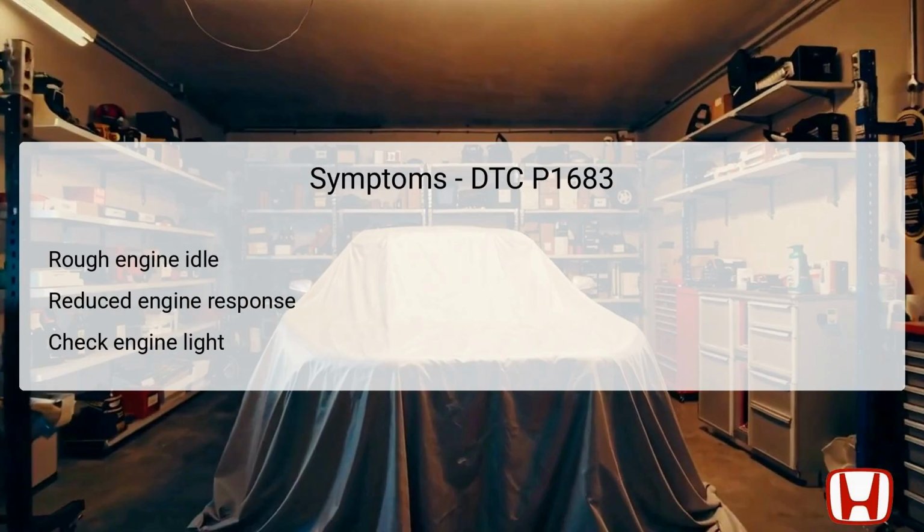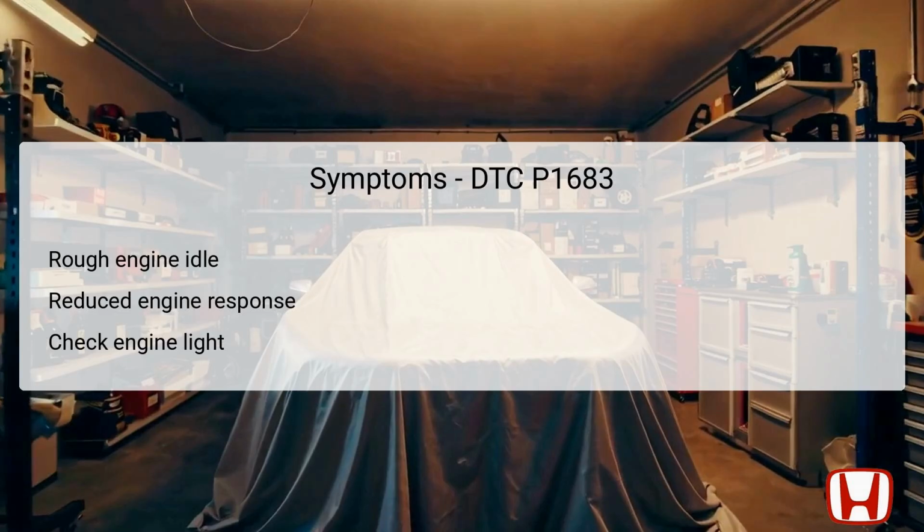The symptoms associated with DTC P1683 may manifest in various ways, signaling that the throttle valve default position spring is malfunctioning. One common symptom is a rough engine idle, which can occur due to improper air intake.